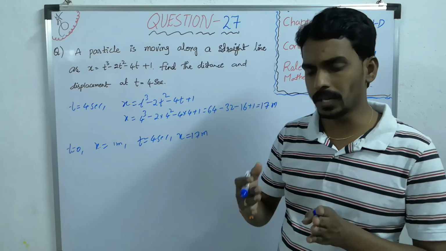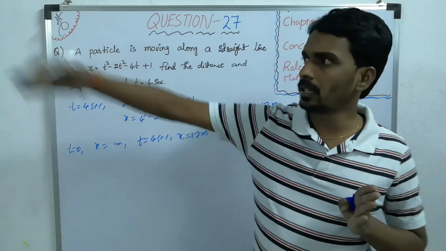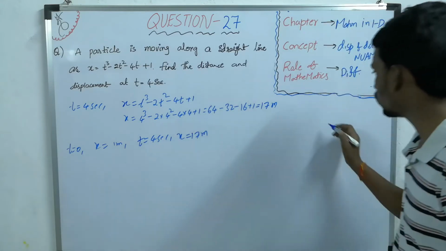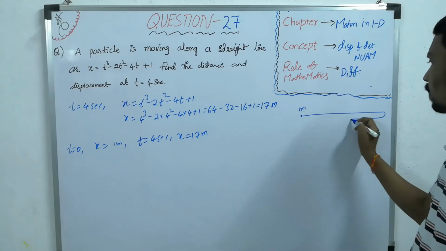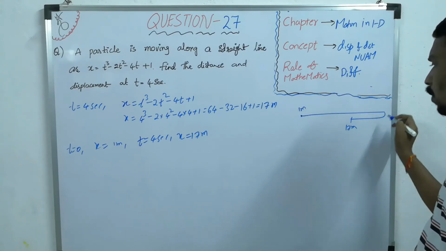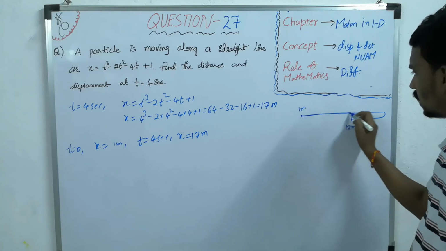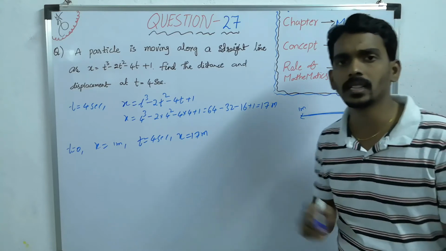There may be a possibility that it will start from 1, move beyond 17 and come back to 17. So the motion may be like this. Started at 1 meter, came back at one point and reached 17 meter. Then this is displacement, but this is distance, the total length of the path.